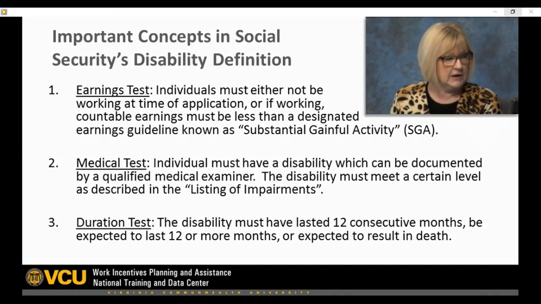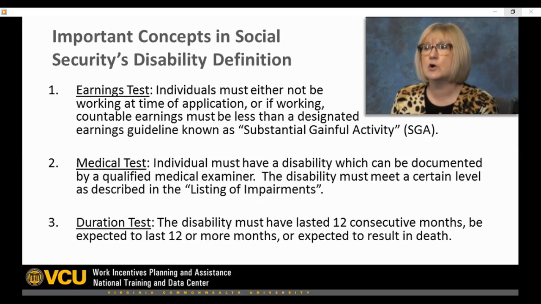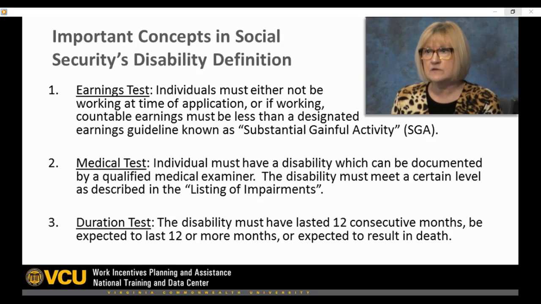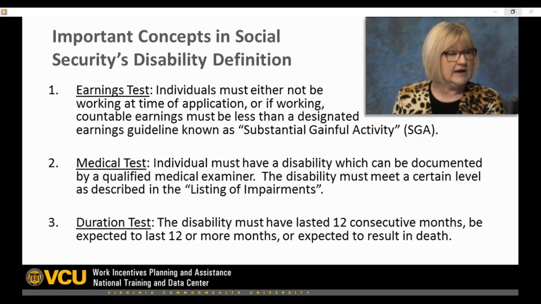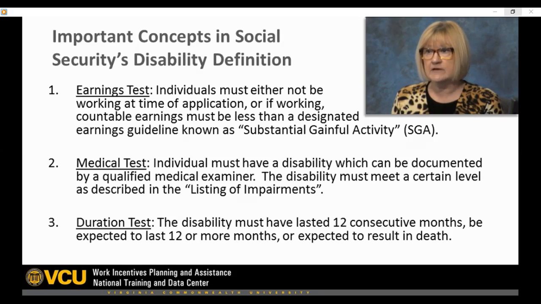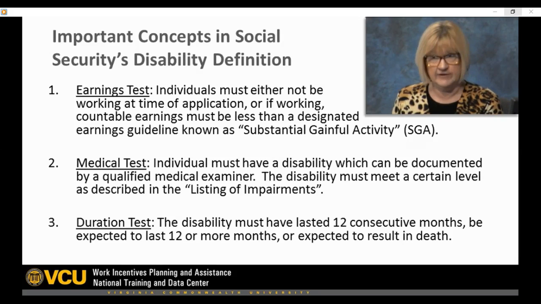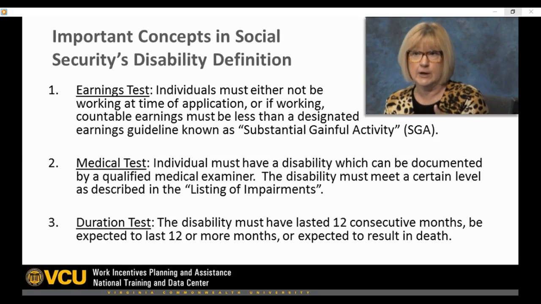So first, you can see from that definition that there's an earnings test in these programs. So individuals must either not be working at the time of application, or if working, countable earnings must be less than a designated dollar figure known as substantial gainful activity. Now, this dollar figure is established every year.